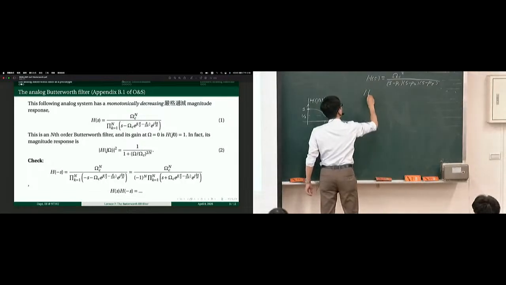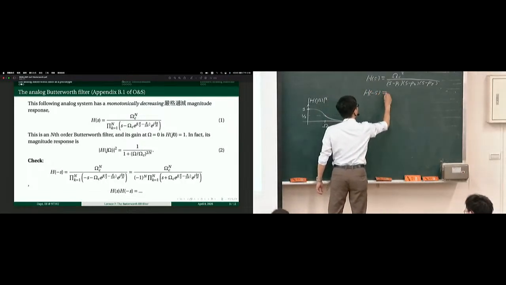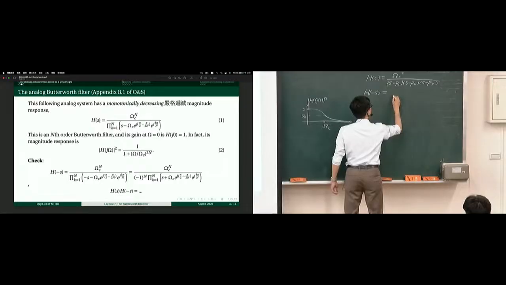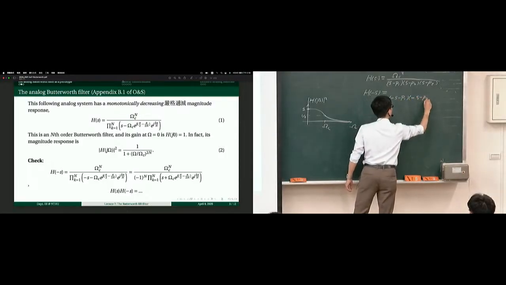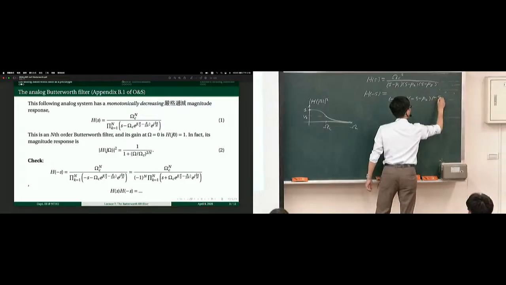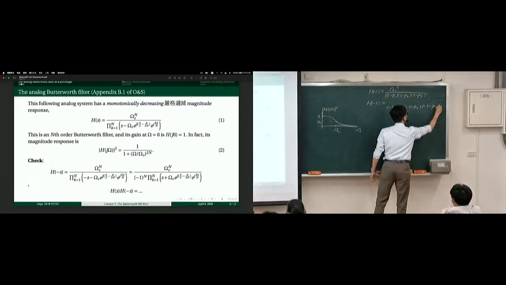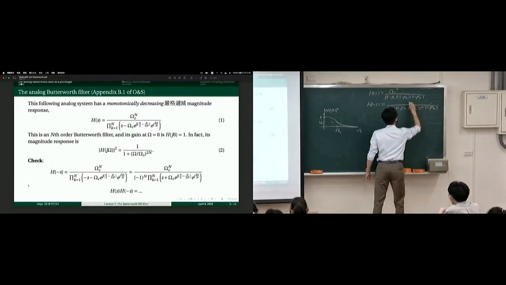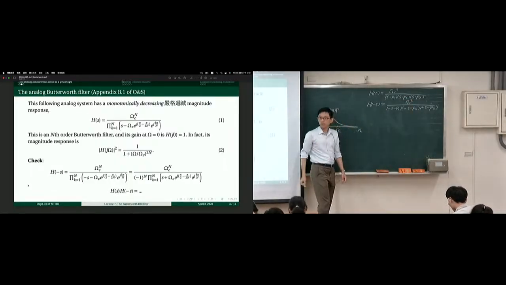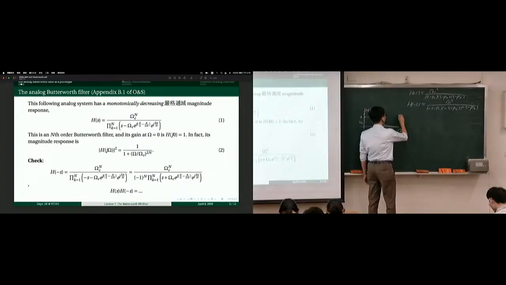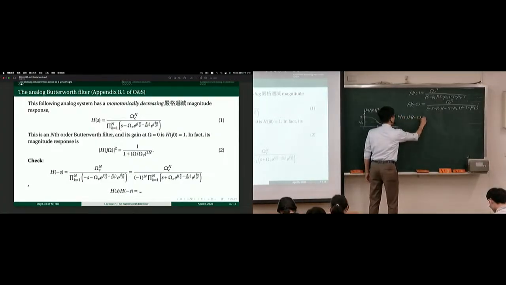Therefore, H(-s), of course, is omega_c cubed divided by (-s - p1)(-s - p2)(-s - p3). On top, we have the same thing, omega_c cubed, right? So far, so good? Now, if we multiply the two of them, what do we have?